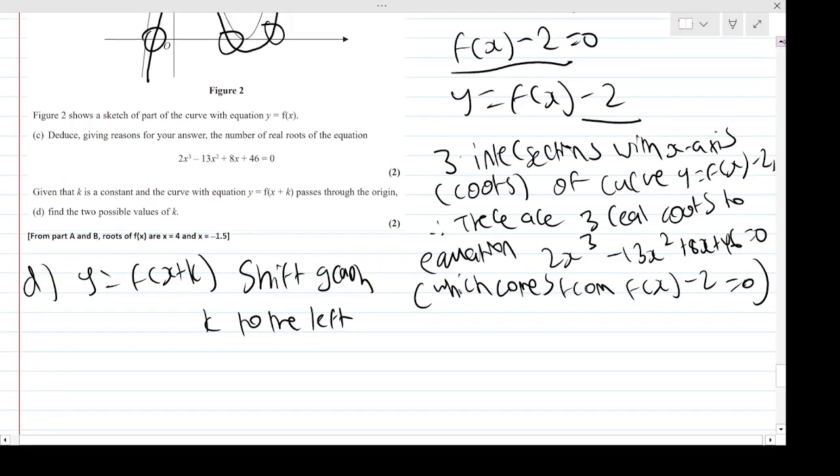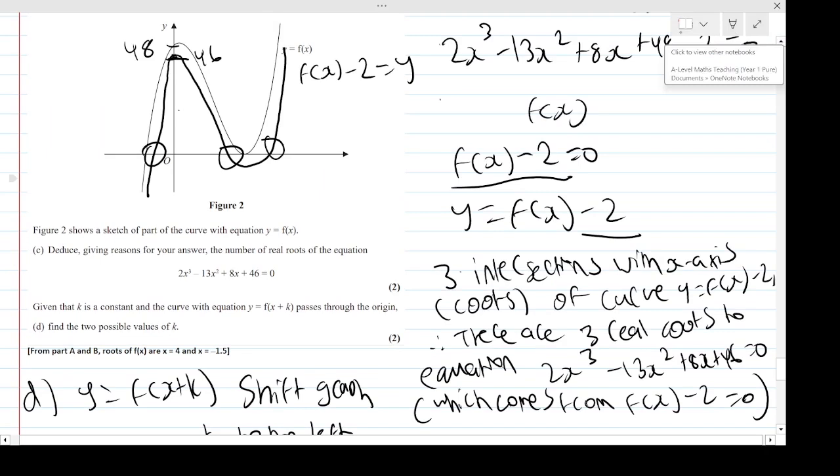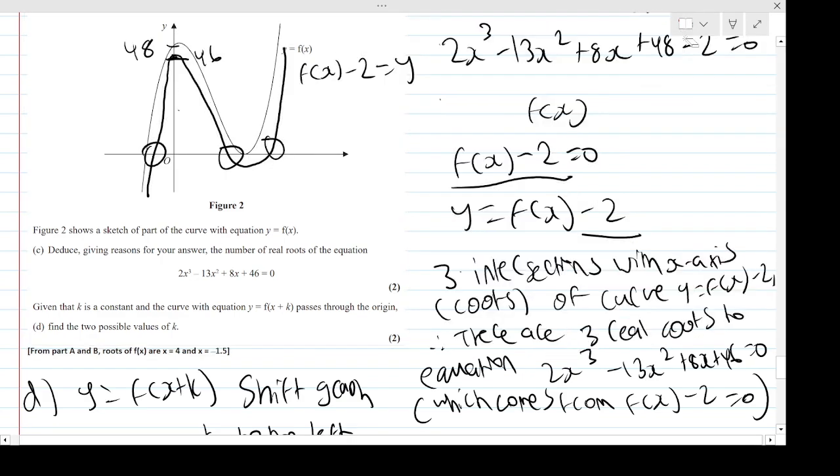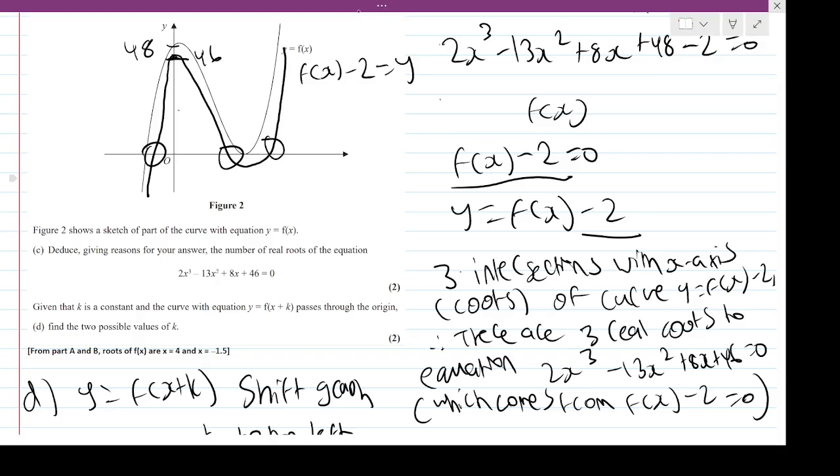Okay. And so let's read again. So k is a constant, and this curve, which we know what that does now because it's a translation, has to pass through the origin. So find the two values of k. Well, that actually resembles the question we just did earlier. So we want this translated curve to pass through the origin, right?